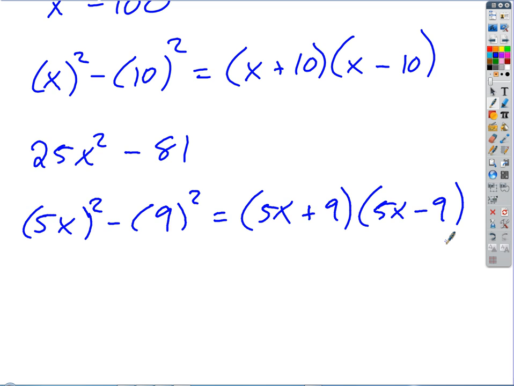Okay, the other pattern, which I don't care so much about, is this one. This one's a little harder to see, and you can just factor regularly anyway.